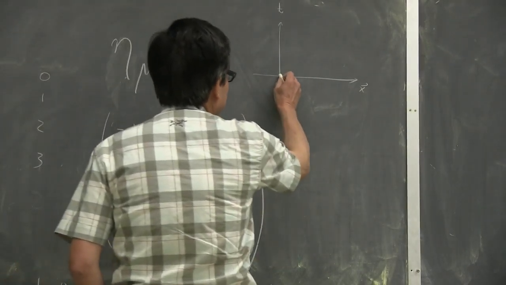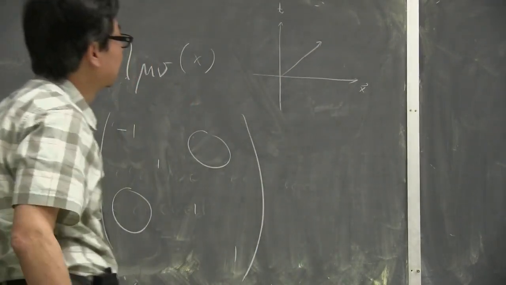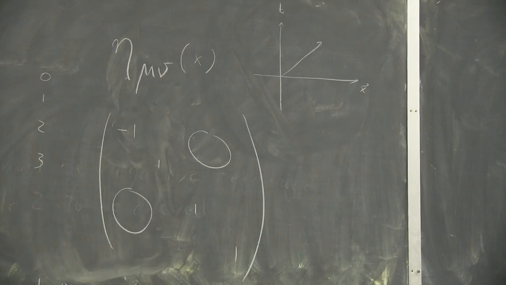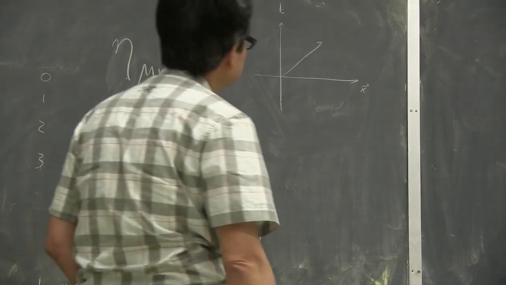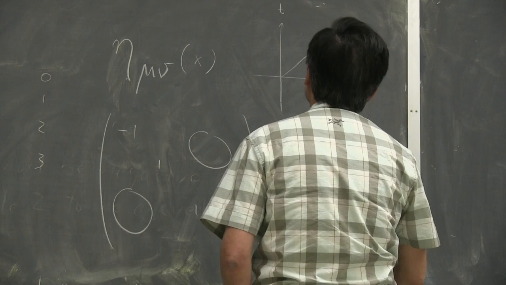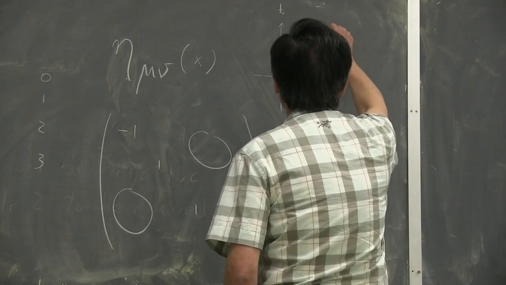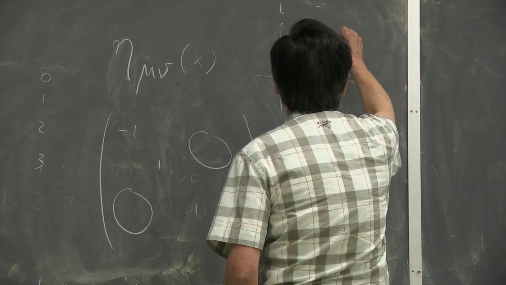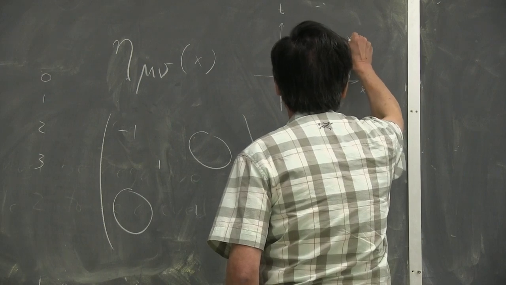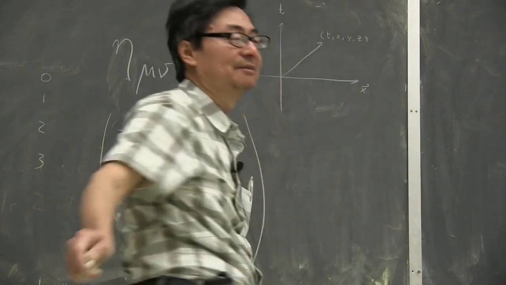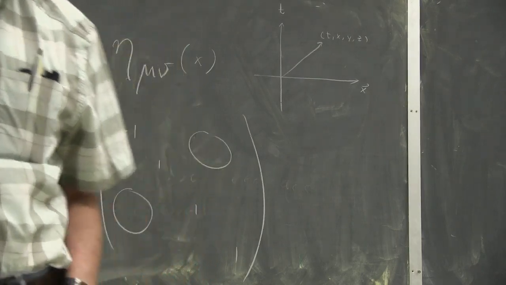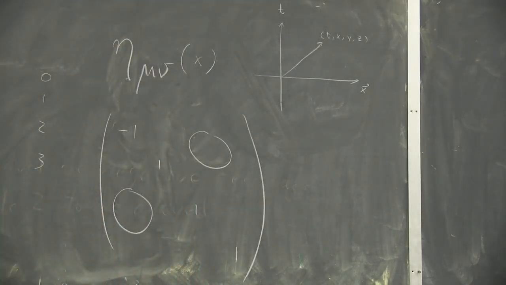Then if you draw a vector like that in this 4-dimensional space, going from the origin to some point, and the coordinates at this point are t, x, y, z, let's say. 4 coordinates, right? 1 for time and 3 for the spatial coordinates.